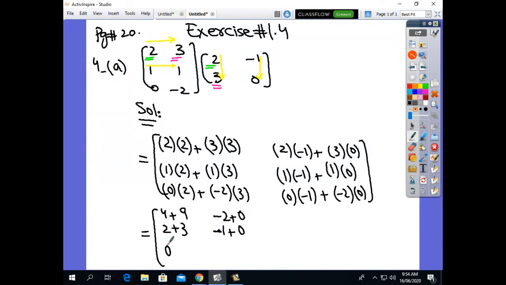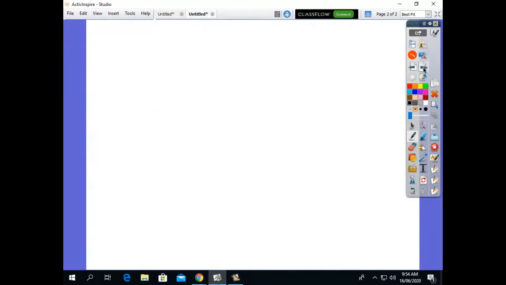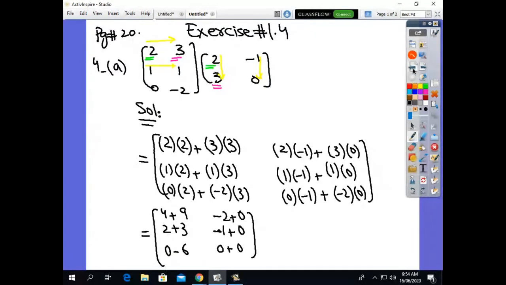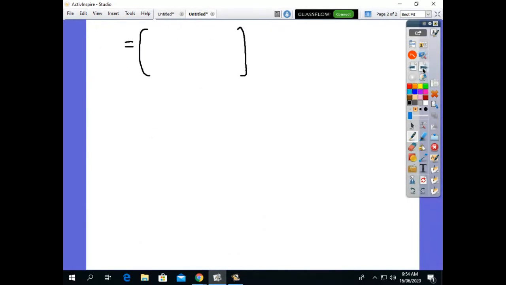Similarly, 0, negative 6 and 0 plus 0. Now after simplification, we have 13, negative 2, 5, negative 1, negative 6, 0.